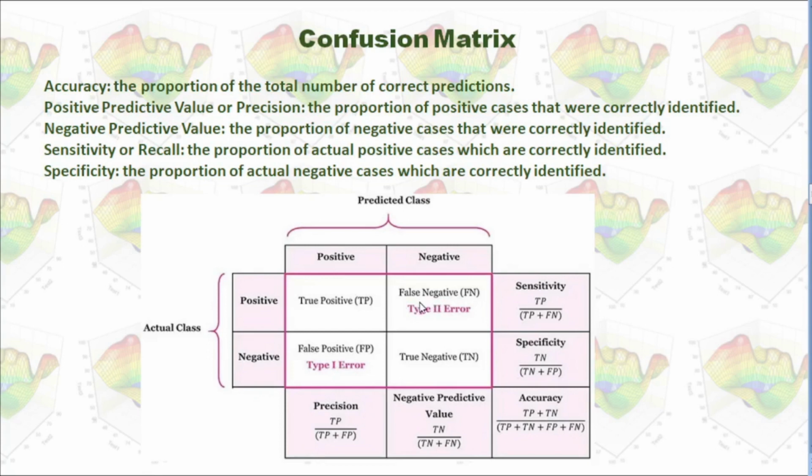Similarly, we will have false positive. So precision is considering this row. That means we use true positive divided by the sum of true positive and false positive. And we have other measures like sensitivity, specificity, and we have accuracy here.